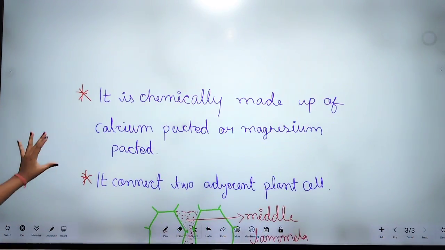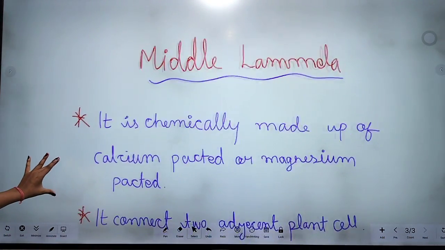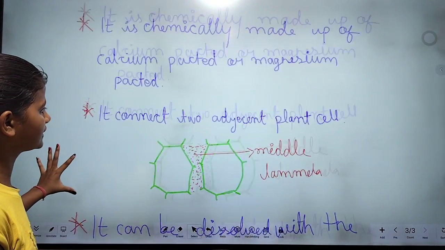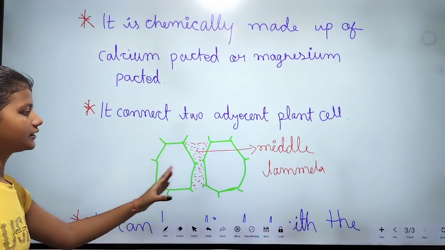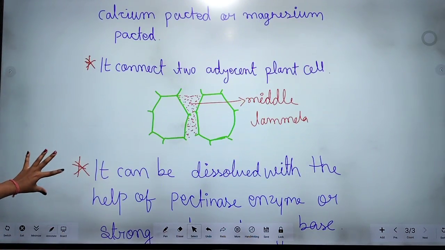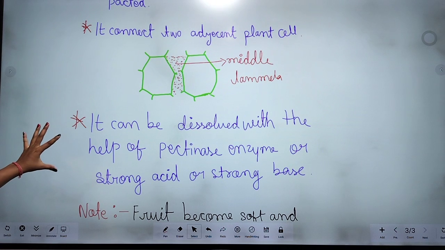It is chemically made up of calcium pectate or magnesium pectate, and it connects adjacent plant cells.